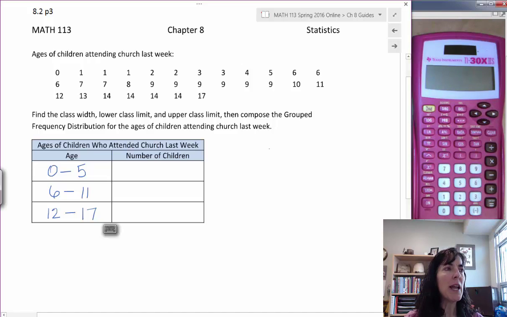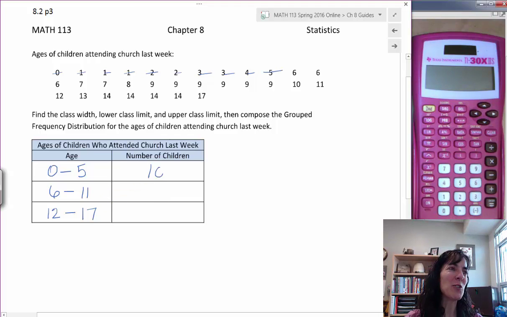That's perfect. Now I just need to write in how many children were in each age band, or each class, which is the statistical term for it. So 0 to 5, I'm going to count almost all this first row. 1, 2, 3, 4, 5, 6, 7, 8, 9, 10 if I count the 5.